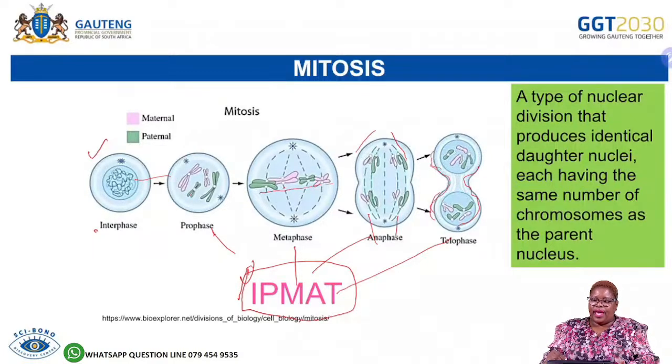And if you compare the number of chromosomes within, they look the same as the numbers we had originally. Now, what is mitosis? A type of nuclear division that produces identical daughter nuclei, each having the same number of chromosomes as the parent nucleus.